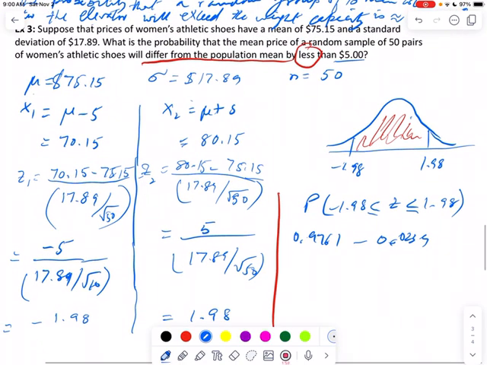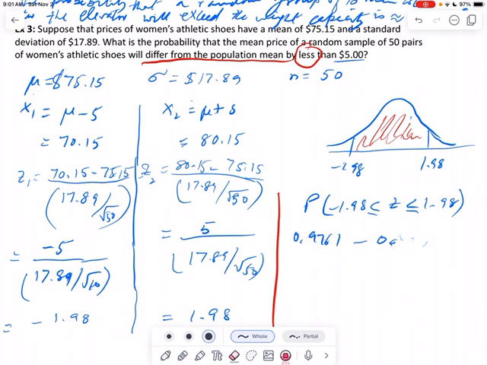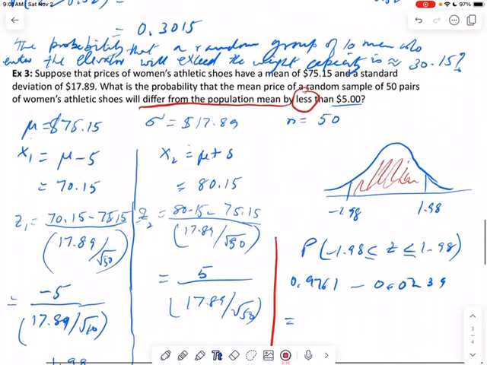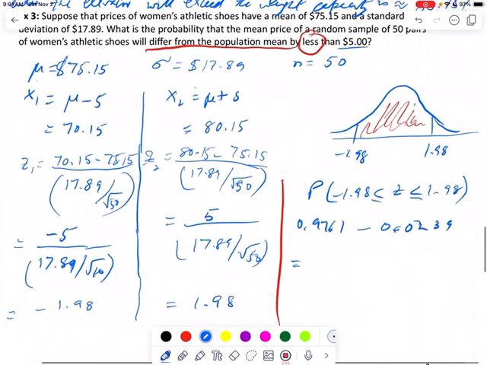I will subtract, and this gives us the answer, 0.9523.